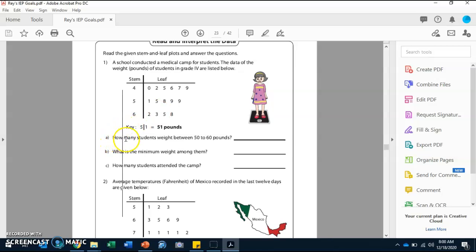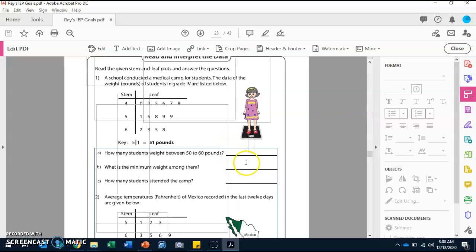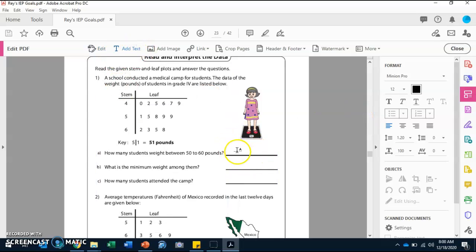So it says, how many students weigh between 50 to 60 pounds? Here, Ray, we are going to put 5 students.